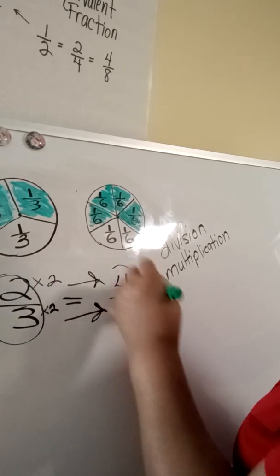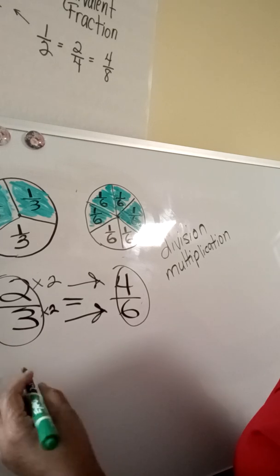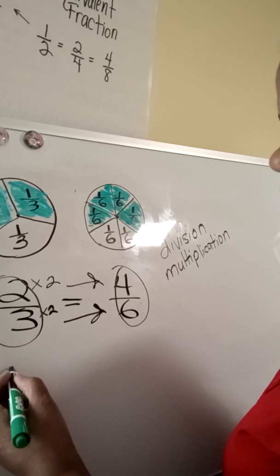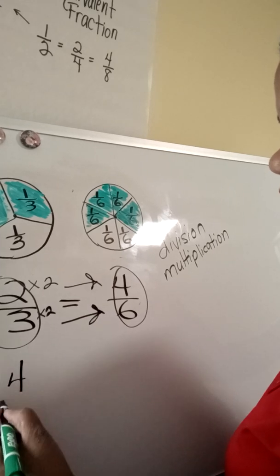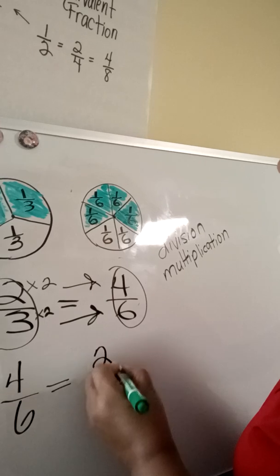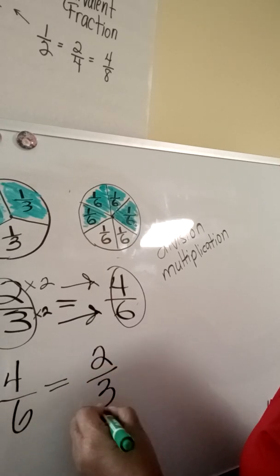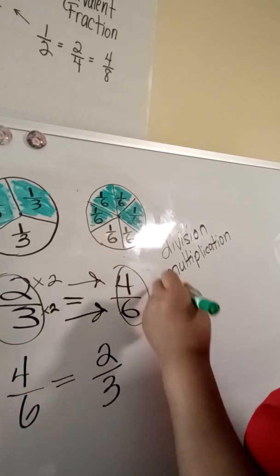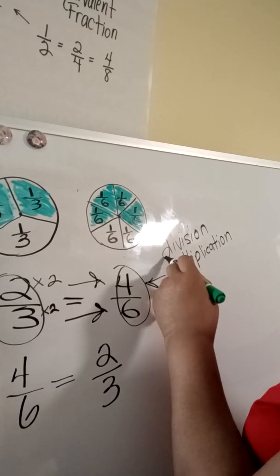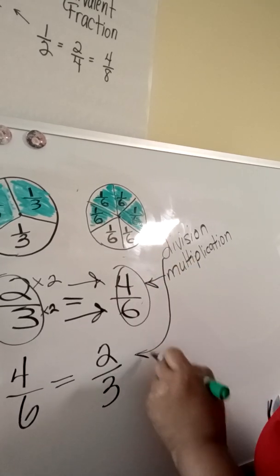They are equivalent. Let's go backwards, or let's start with the higher fraction. So if we have 4/6, we know that it's equivalent to 2/3. Now, we use multiplication here. So down here, we're going to use, you got it, division.